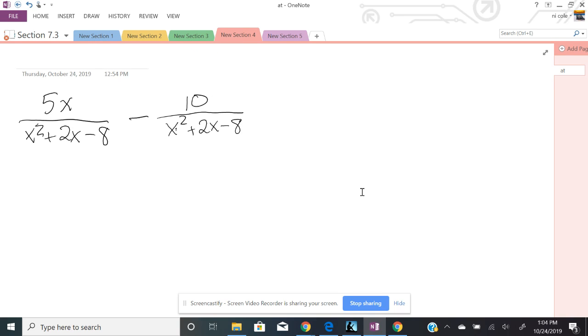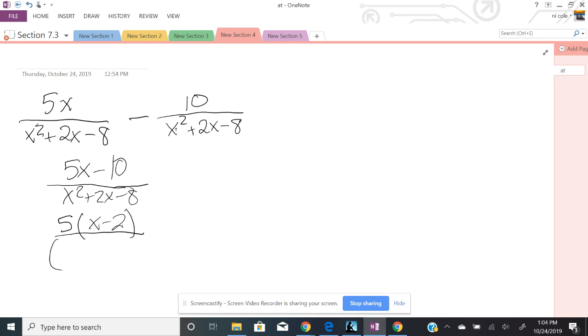Okay, here we go. Here's another one. So it's 5x minus 10 over x squared plus 2x minus 8. Okay, again, I'm going to factor. On the top, the numerator, it has a GCF of 5, so I'm going to pull that out, leaving me x minus 2 over. Let's see if I can pod this one up. Okay, x and x. I need a plus and a minus, and 4 and 2.